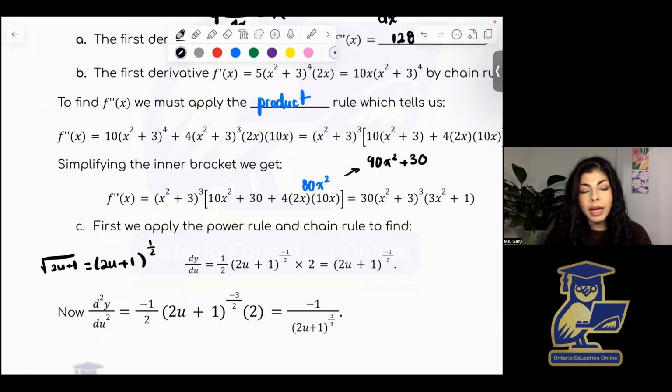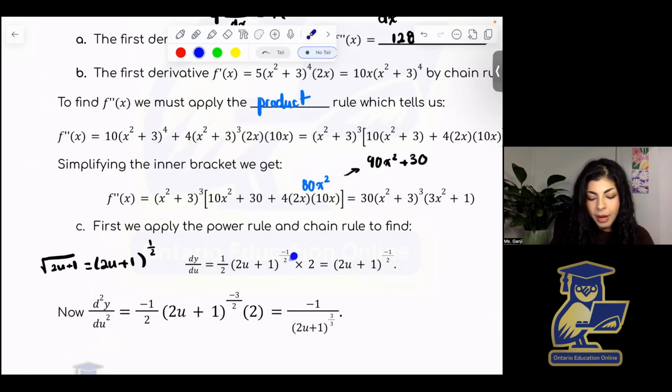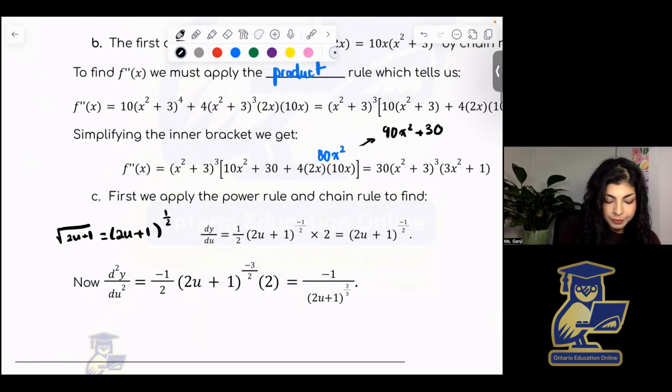So now, applying the power rule first, I have that half there, and then 2u plus 1, and now my exponent is half minus 1, which is negative half. So (2u plus 1) to the negative half.